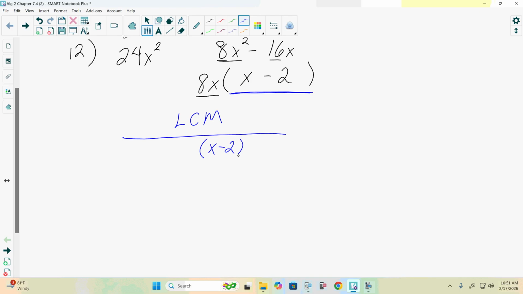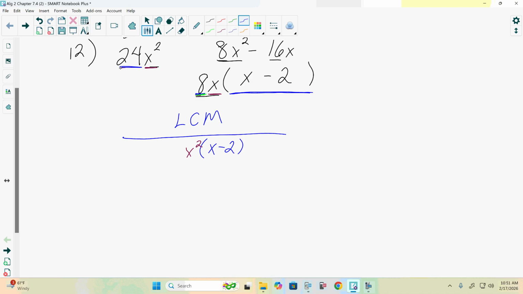Now we go outside. We do have x and 8. We have 24 and x squared. Let's start with the variables first. The one on the right has x one time. The one on the left has it twice, so we will need it twice. We'll need 2 of them, x squared. Because those are nice, we can see them, we can see the factors. Now we need to figure out what is the least common multiple between 8 and 24. Now we can do this in one of two methods.